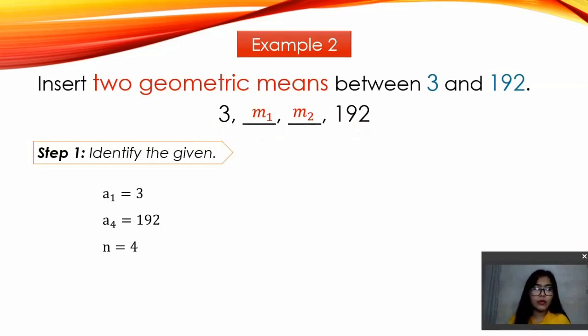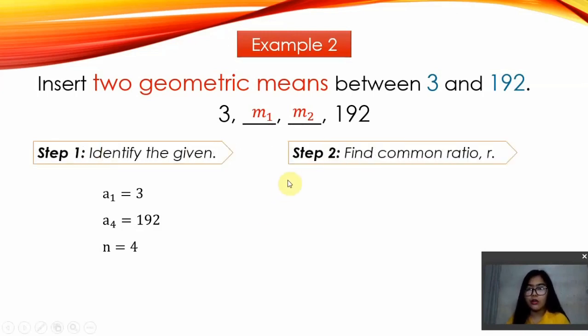Now, we have our given. We will now solve for the common ratio. So, find common ratio r by substituting the given in this equation. So, let us first substitute n. Our n is 4, so a sub n will become a sub 4, and then n minus 1 will become 4 minus 1.